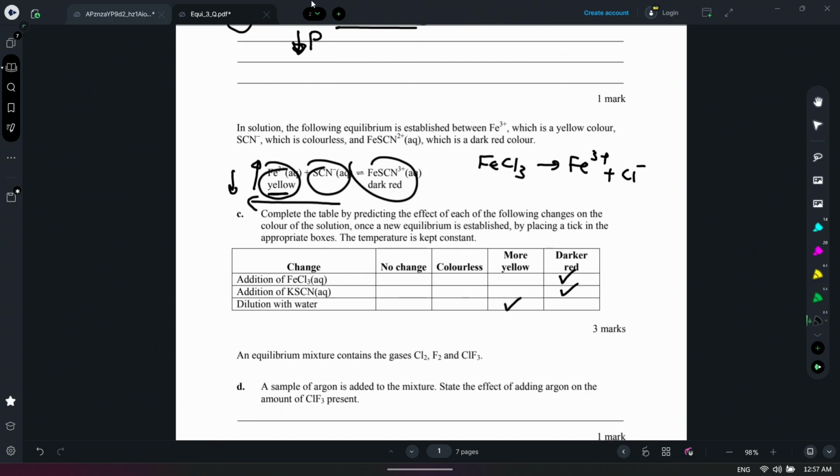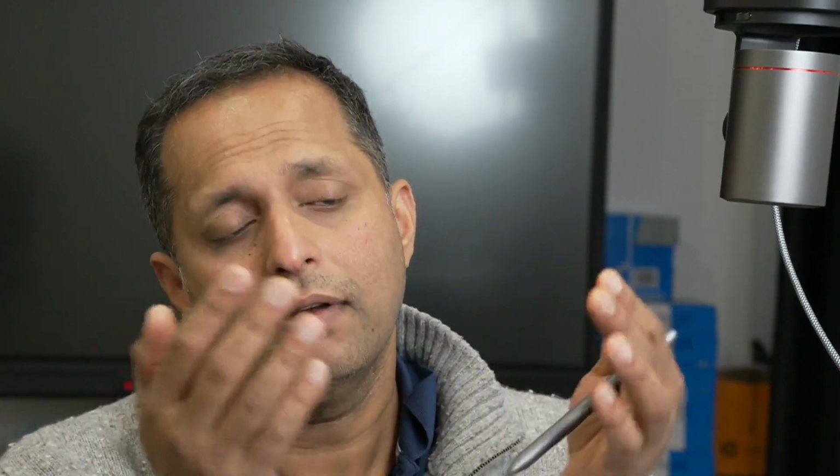Is that clear to you? So it will still increase, but it is still going to be lower than the initial intensity of the yellow color. What is the initial intensity? That is just before water was added. All right. Okay, that part is done.